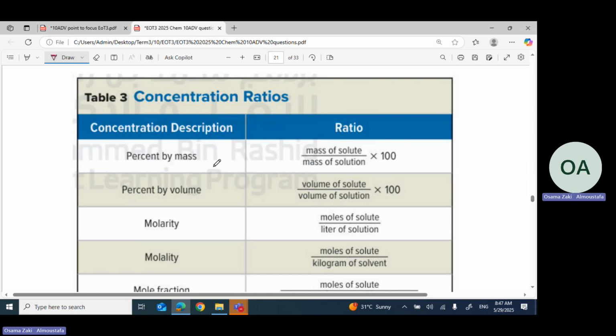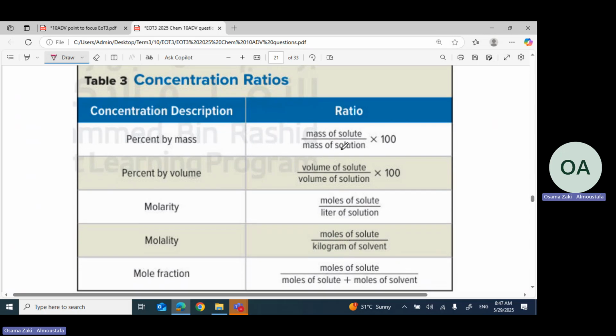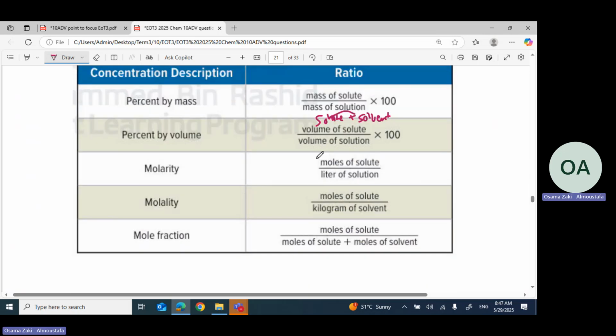We have percent by mass, which is mass of solute over mass of solution. But be careful, the solution is solute plus solvent. Volume of solution, the same. Mole of solute, where mole is mass over molar mass.